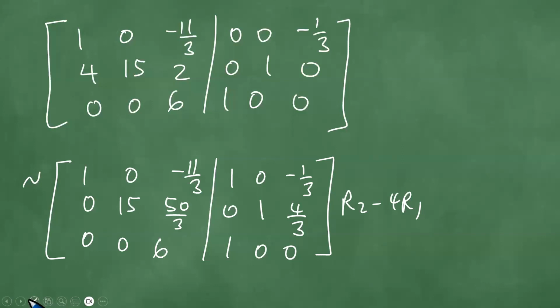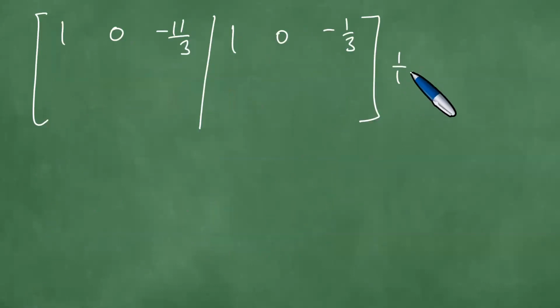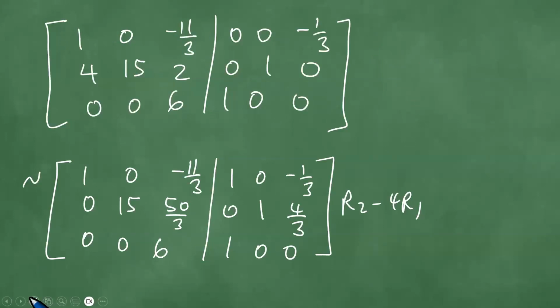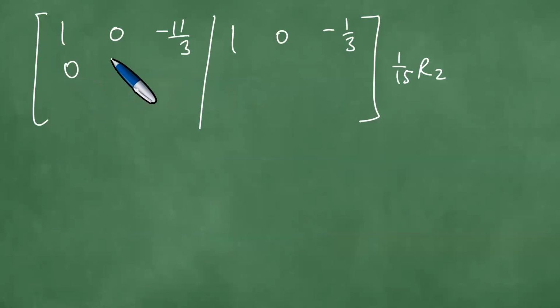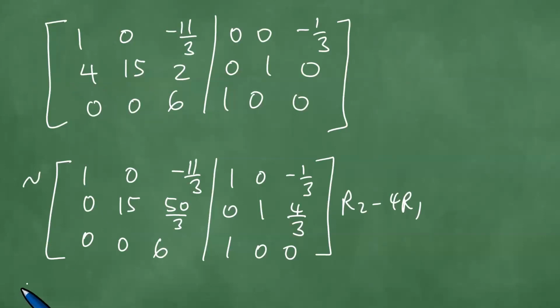Okay, then you have 1 over 15, which is 0, 1. And then you divide this one by 15. Okay, if you divide this one by 15, then you're going to have 15 by 3 in the denominator, making it 45. So it's 50 out of 45. 5 goes into 50 10 times, and into 45 9 times.